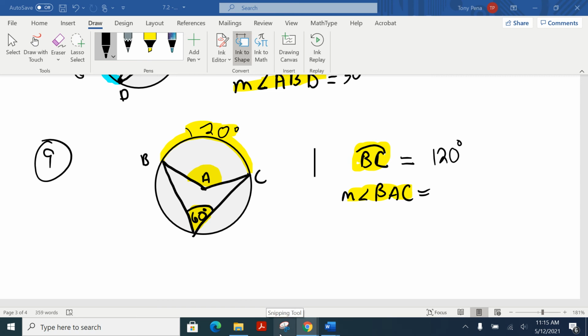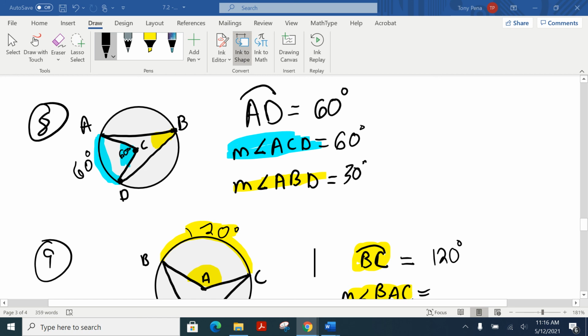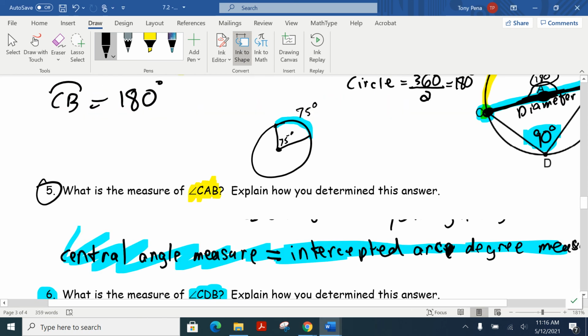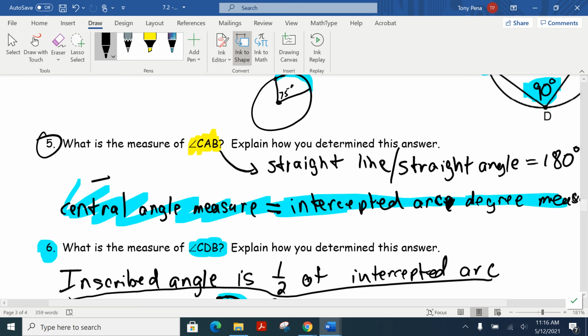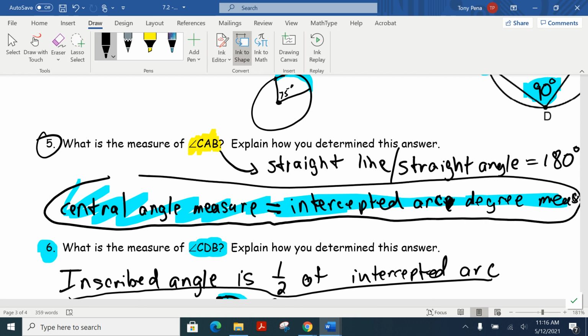All right, do we all agree with Dahlia? Some. All right, real quick. This is our central angle, right? It's drawn at the center. So if we go back up here, your central angle measure, which is what we're looking for right now, will equal the intercepted arc degree measure.